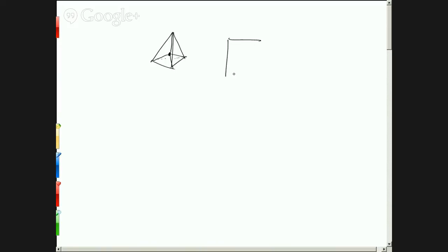Let's see how well I can draw a cube of this thing. Everybody knows what a cube is? Looks like this? Okay. So if you imagine a cube, a tetrahedron kind of comes from a cube. If you, again, put that atom in the center and connect it to opposite corners on each side.